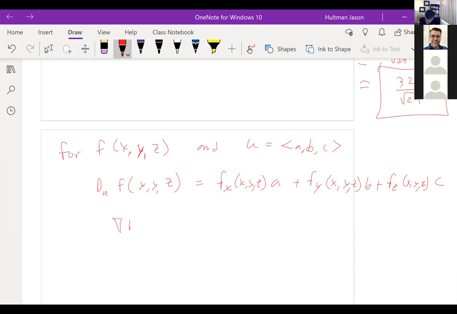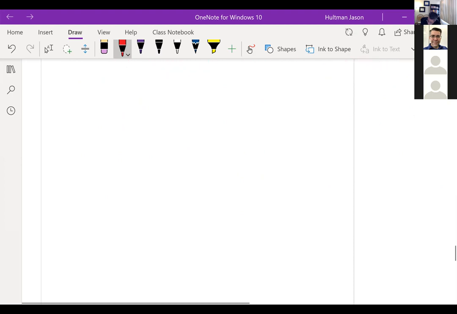And we would say that del f would be f sub x, f sub y, f sub z, or we could say f sub x i plus f sub y j plus f sub z k. That's if we want to generalize that to more variables.